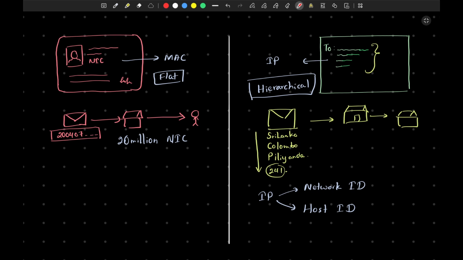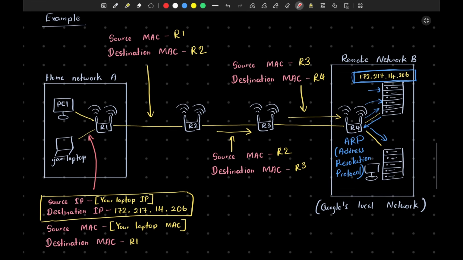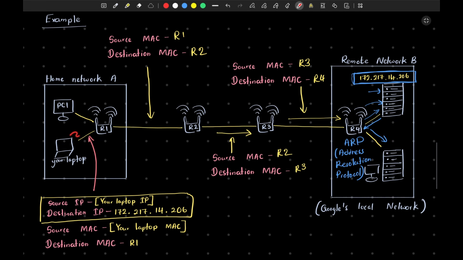And then we talked about how flat addresses and hierarchical addresses help us in sending mail to a person, to a particular place, and in using the post office. And then we went through an example together of how your local laptop sends data over the internet to a particular server.